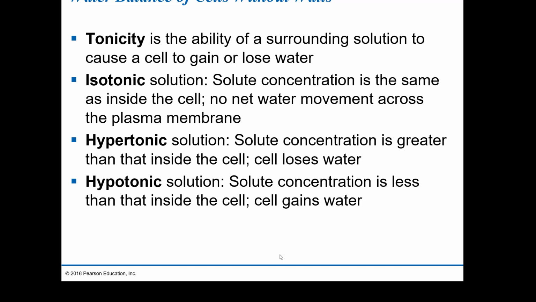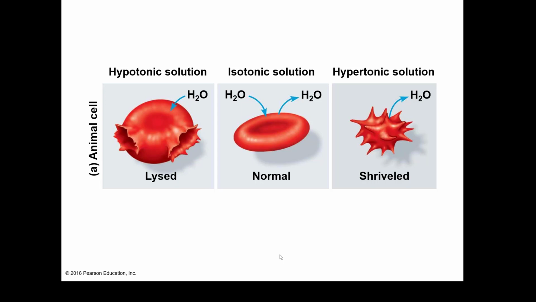Hippos, they don't move very much. They're really big. A hypotonic solution is where the solute concentration is less than inside the cell, so there's more inside than outside. Hippos are big. More water is going to enter the cell and make that cell get very, very large.